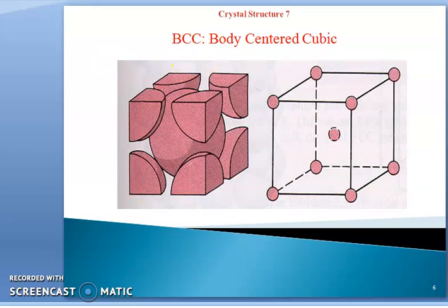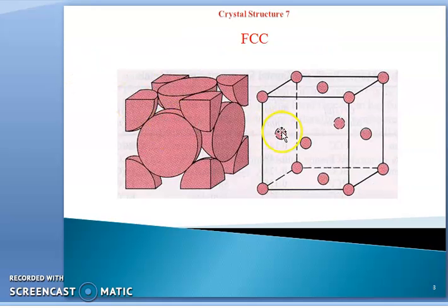In case of FCC, what we have seen here, atoms are arranged at the corners, no doubt, but an atom is arranged at the center of each face. Now here you see the figure is different. How is it different from this figure?